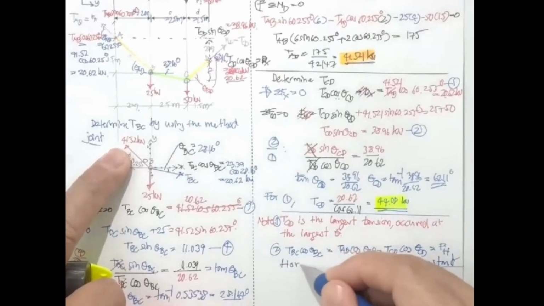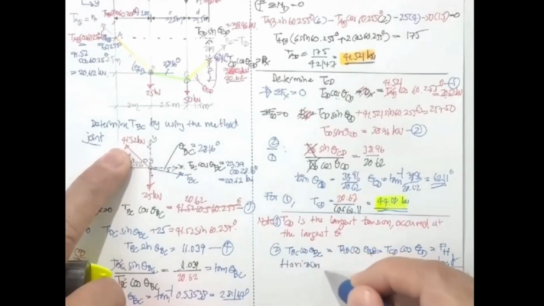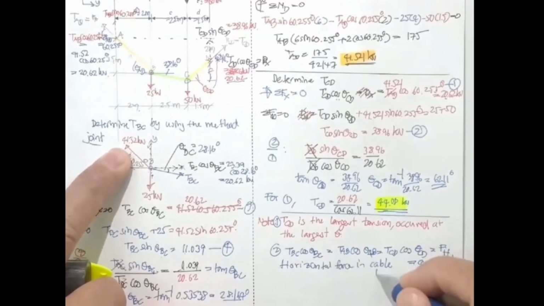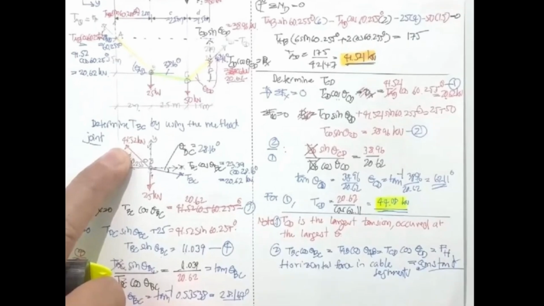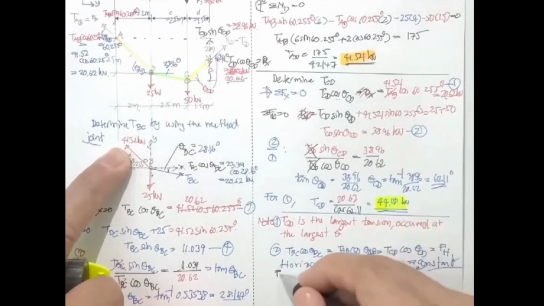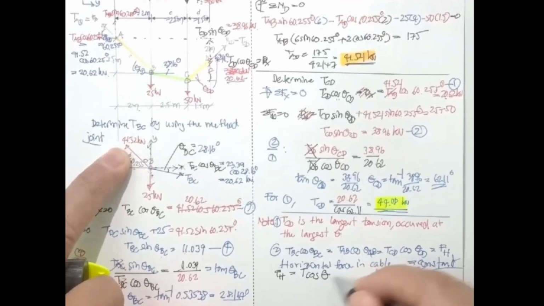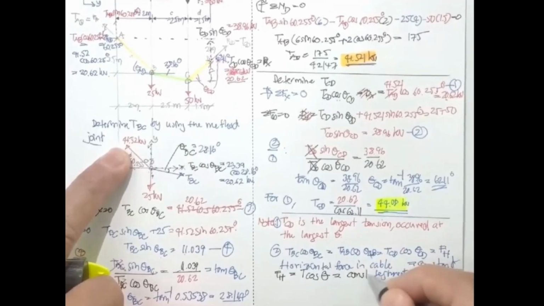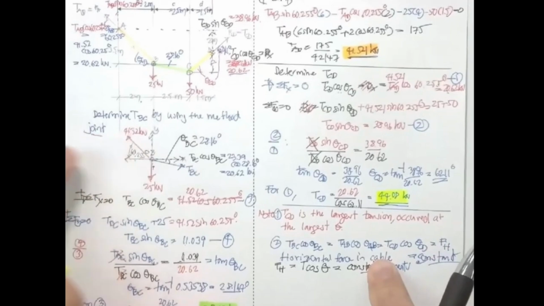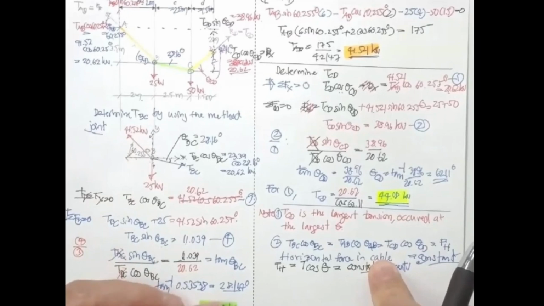We will talk about this later. This is in the form of F sub H equal to T cosine theta, which is a constant. In short, we will use this to note on the cable subjected to uniformly distributed load.